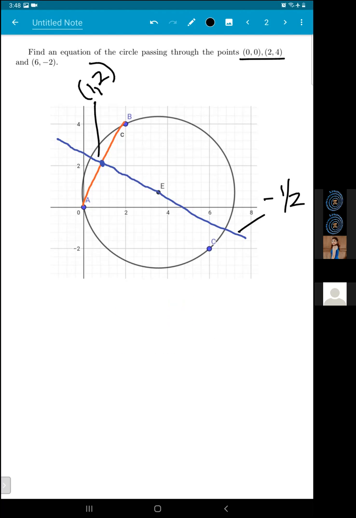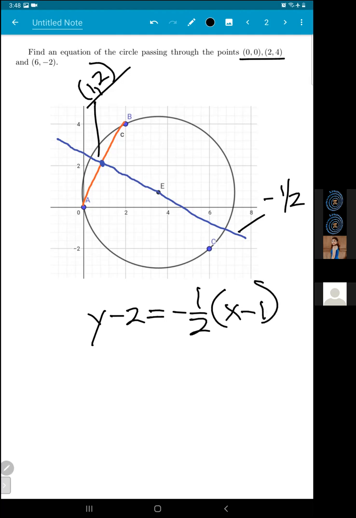And once you have the slope and a point on the line, you use the point slope form, y minus y1 equals m times x minus x1, with this as x1, y1. Then you write in the form y equals mx plus b.